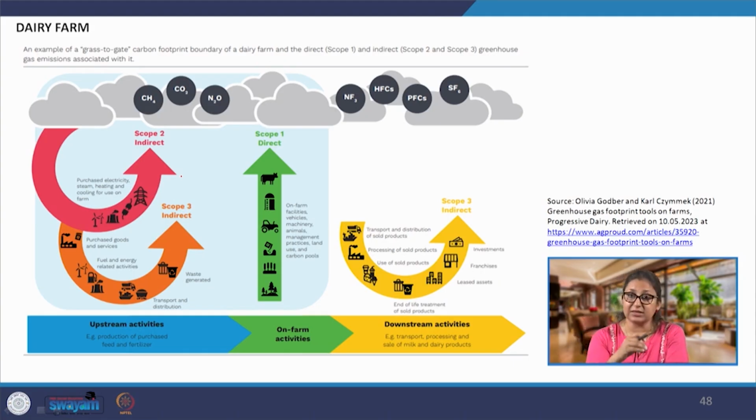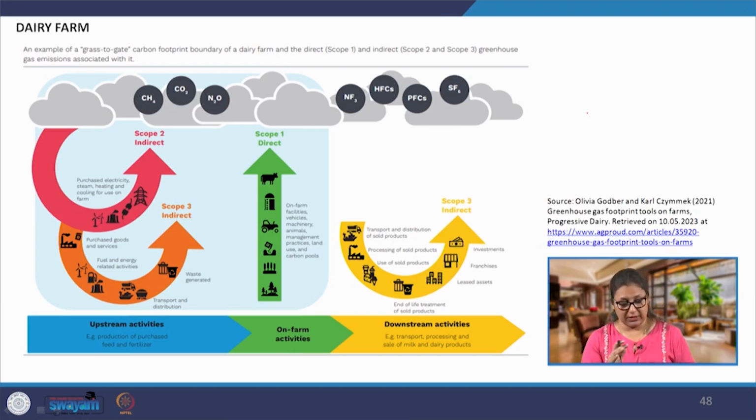Now, if we look at the dairy farm here, we can clearly see that the process emissions are different from the industrial units, which normally we understand that GHG protocol might be applied only to the industrial units or corporates or service sector. But here, when they applied it to a dairy farm, the processes are pretty much organic in nature, but they also cause emissions, and that is what has been identified.